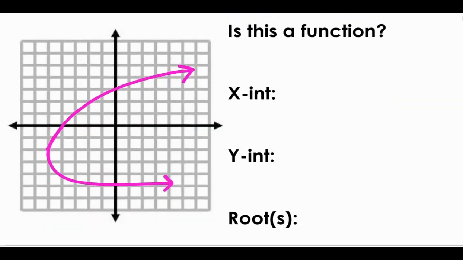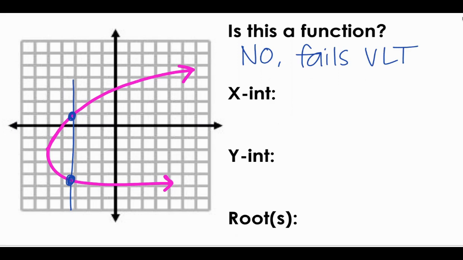Is this a function? Vertical line test. Uh-oh. We can already see. No. It fails the vertical line test. Let's look for my x-intercepts on my x-axis right here.